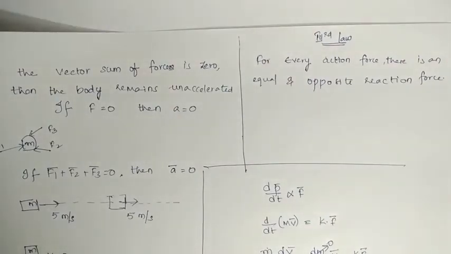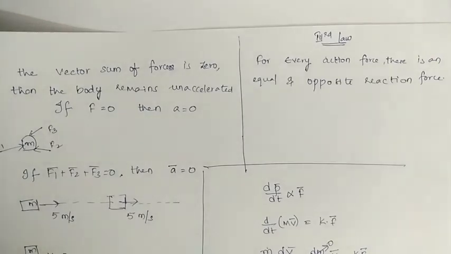So when I hold the book, we are applying a force on the book in the upward direction, and we are not letting it fall. We can also feel that it is trying to pull my hand in the downward direction. So observe that we are applying some force on the book in the upward direction, and the book is also trying to pull our hand in the downward direction by applying a force in the downward direction.